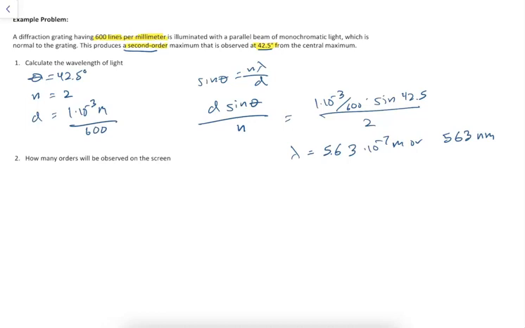And how many orders can be observed on the screen? So I know, again, sine of theta is really sine of 90, which is equal to n lambda over d. And I could just solve for this, right? 1 is equal to n times 5.63 times 10 to the negative 7th divided by, oh, I actually didn't even do that one. This is 1.67 times 10 to the negative 6th.